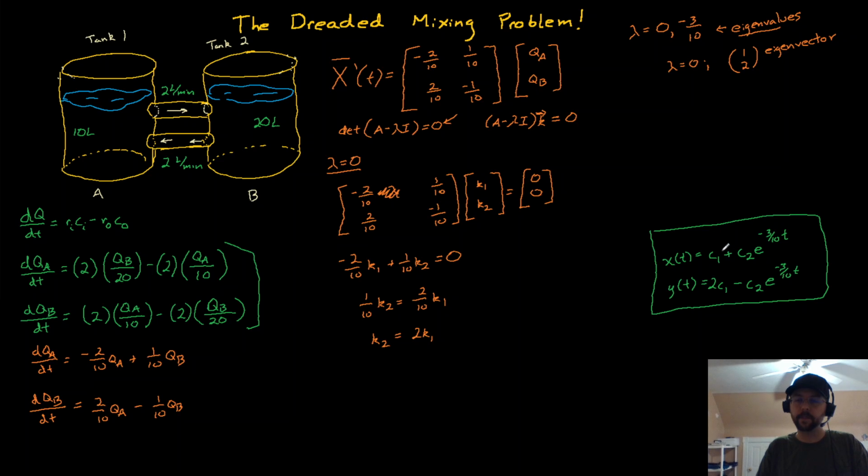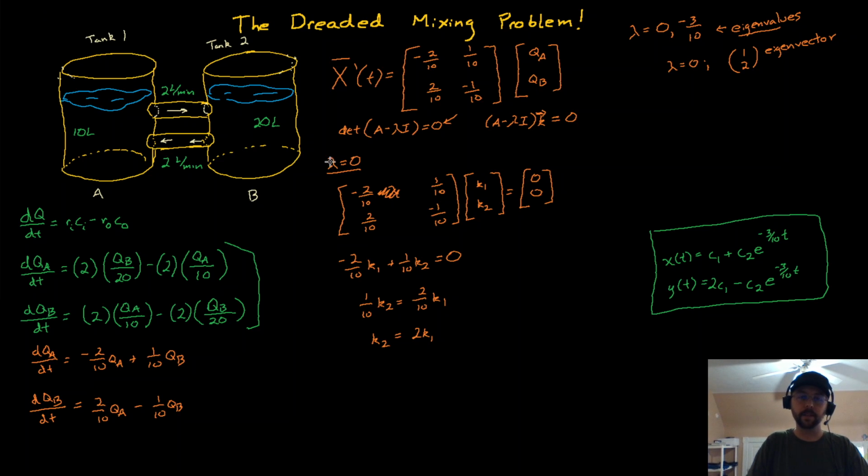If this first term and this first term is where lambda equals 0, we see that the ratio between our constants is a 1 to 2 ratio. They happen to also be a 1 and a 2 here, but the difference is that with the first method I solved, you just get two numbers and you don't really see that there are actually many solutions. When you use this method, you know that you can plug in any value you want for k1 and k2. It's the ratio between these c1 and c2 values that matters.